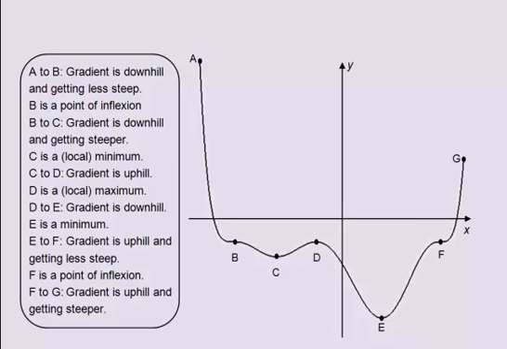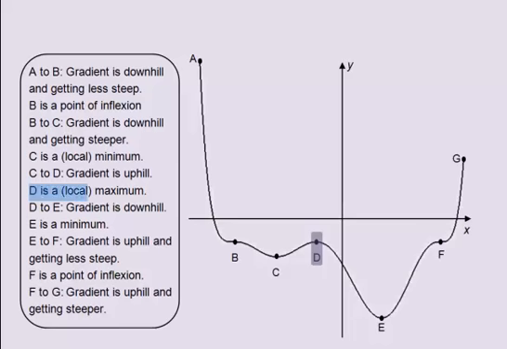Take this graph. From A to B, the gradient is downhill and getting less steep. B is a point of inflection. From B to C, the gradient is downhill and getting steeper. C is a local minimum. From C to D, the gradient is uphill.